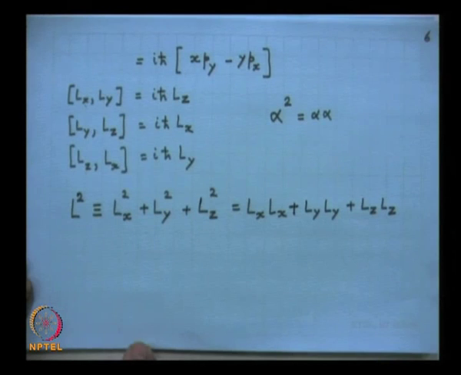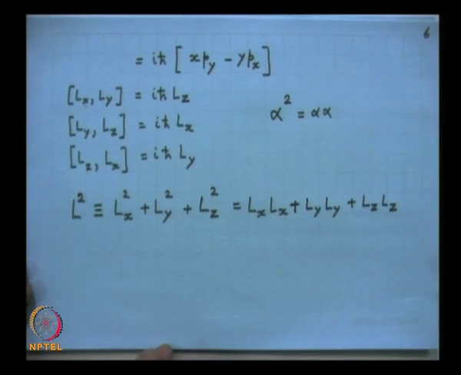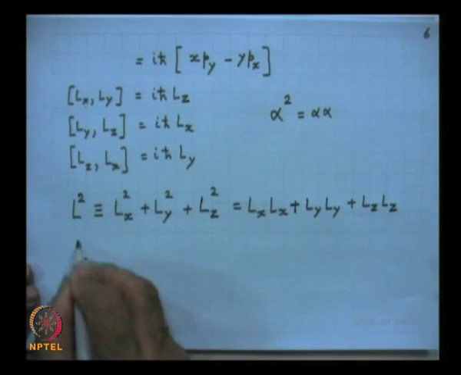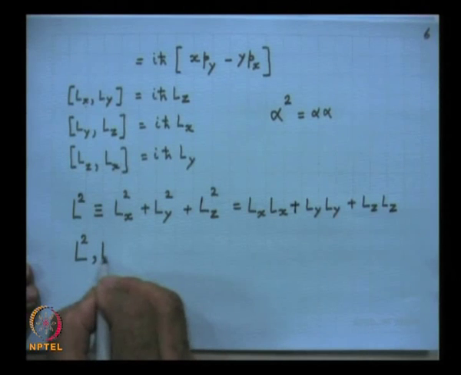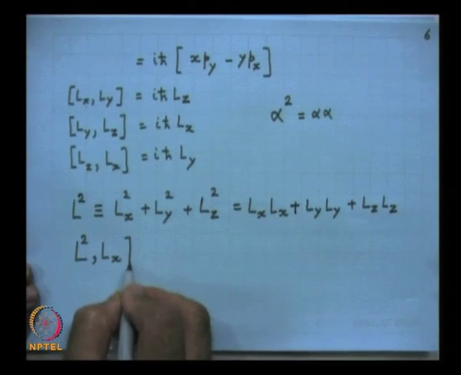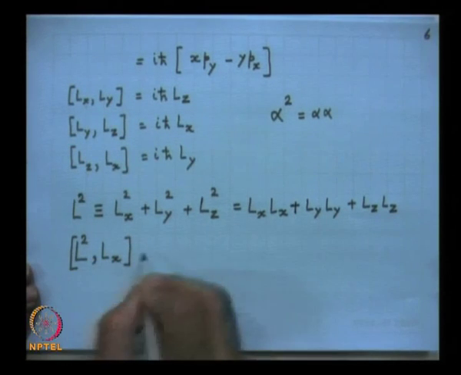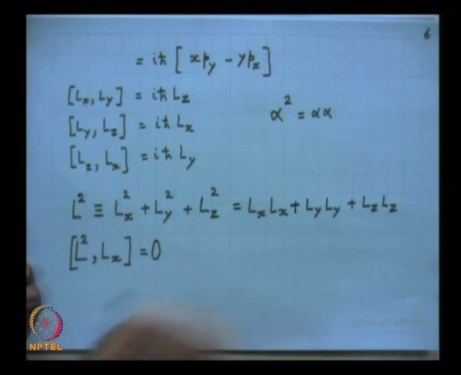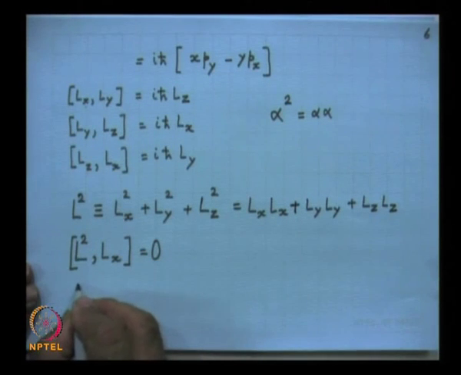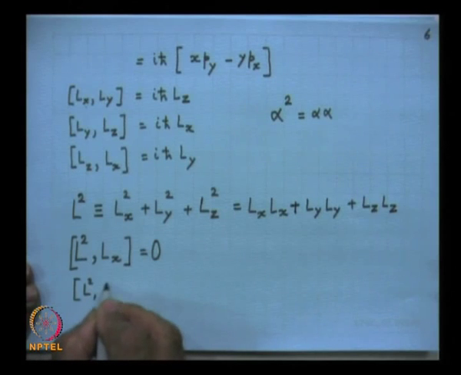I will show that L square commutes with L x, and because there is nothing sacred about x, L square also commutes with L y and L square also commutes with L z.